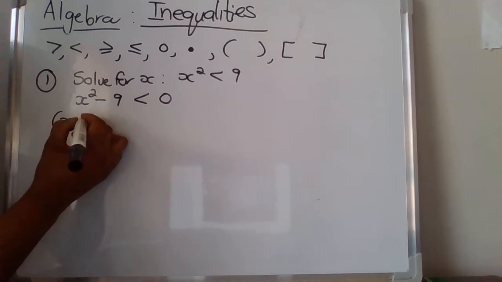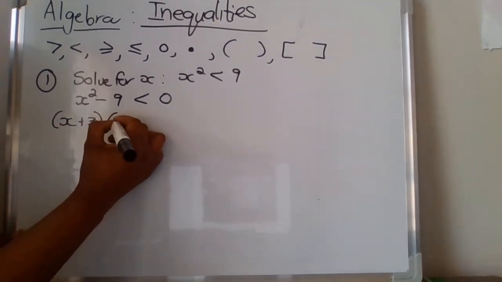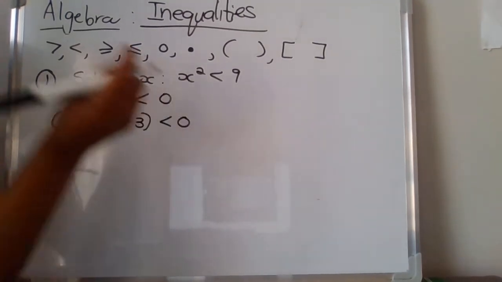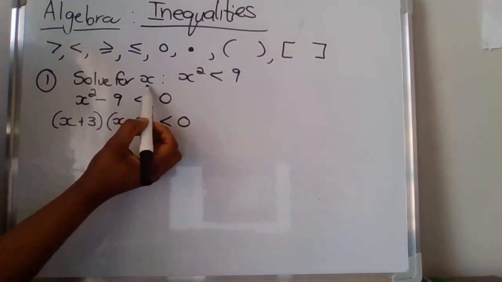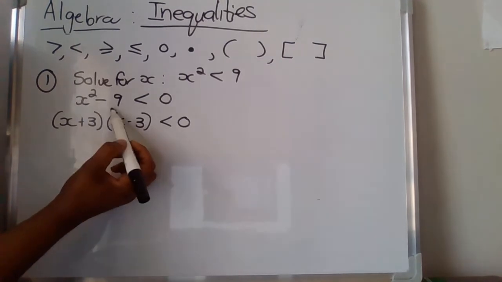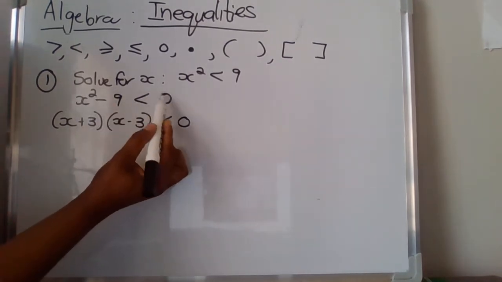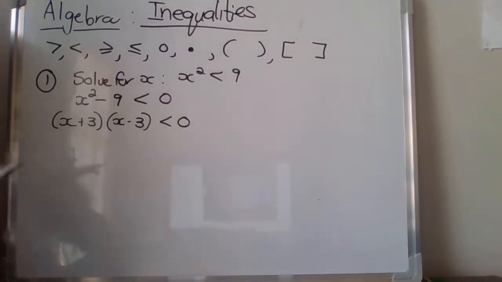So it's (x plus 3), because it's the difference of two squares, times (x minus 3) is less than 0. So you are solving for the values of x where, if you substitute those values into this expression, you will get answers less than 0. So which values of x will satisfy this inequality?